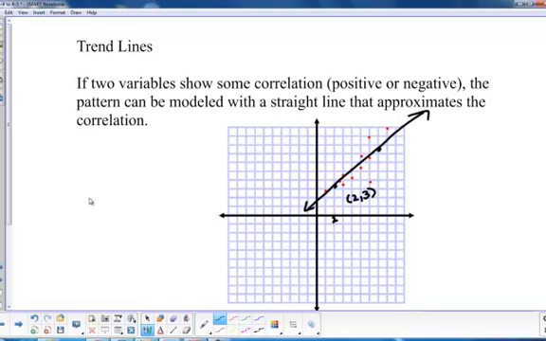And this point right here is going to be 7. Let's see. 7.5. So if we want to find the slope of our best fit line, we can do rise over run.